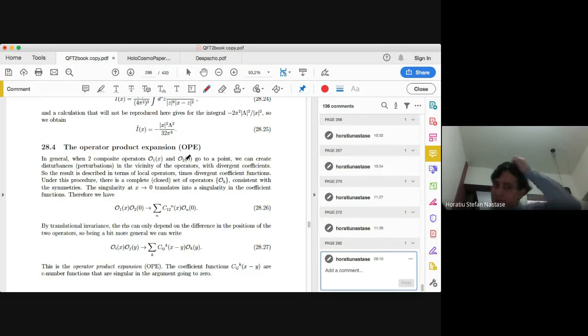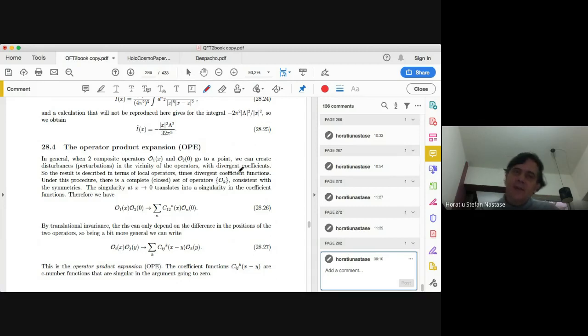On the other hand, this is an operator, and that means that I can think of this as operators or disturbances in the vicinity of the operators, but with divergent coefficients.